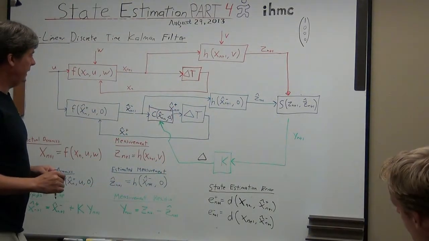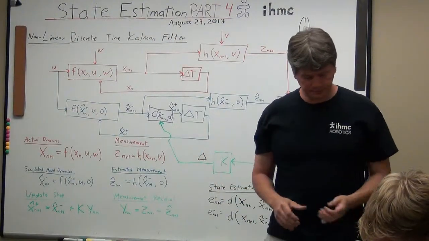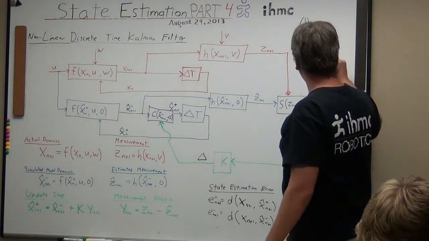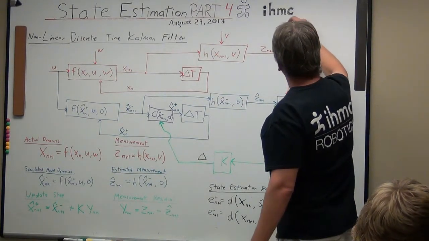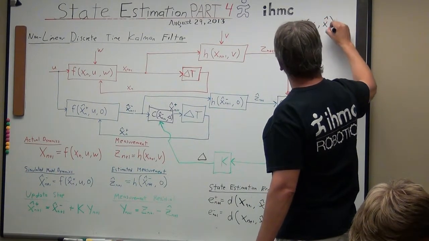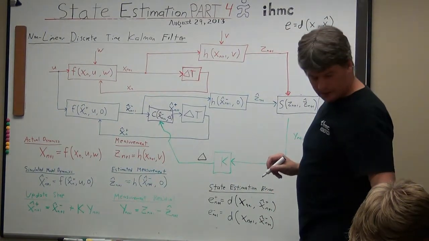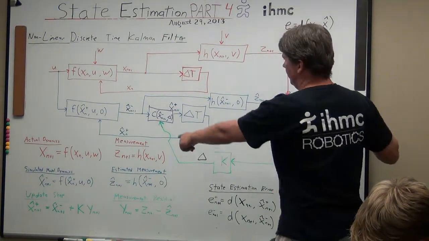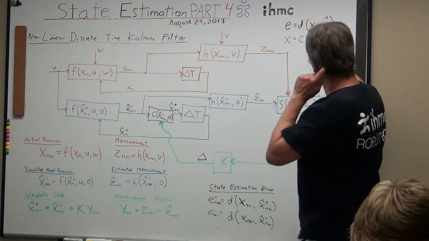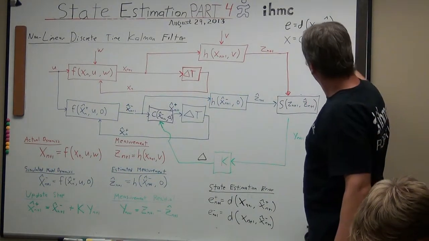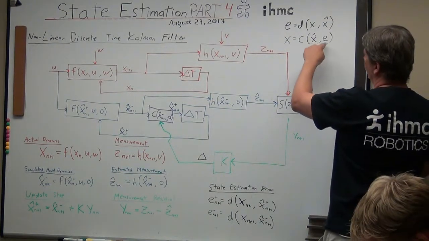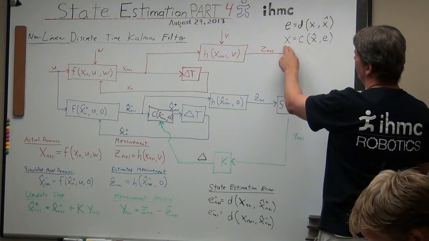Okay. But now we have certain constraints. So your error is this d function of x and x hat. What I said about C really defining your error: if you take your estimate and you correct for your error, you should get the true value.